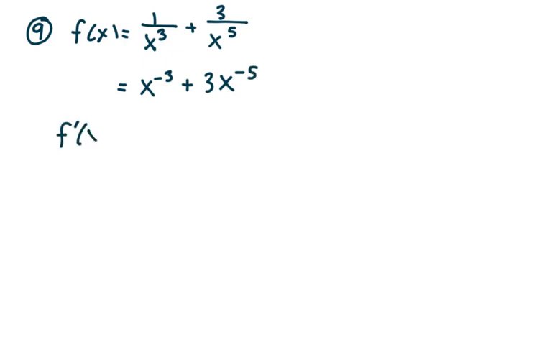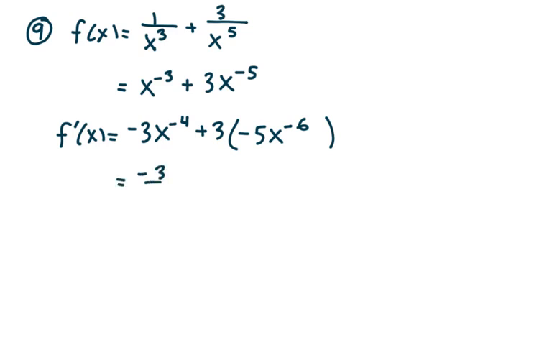So I want f prime of x, but that's negative 3x to the negative 4 plus 3 times negative 5x raised to the negative 6. But that's negative 3 over x raised to the 4th minus 15 over x to the 6. Remember, 3 times negative 5 is negative 15.